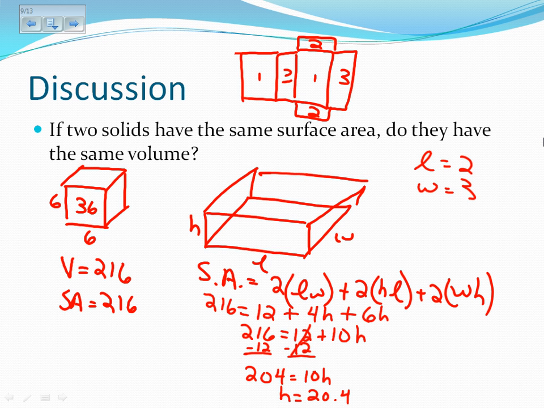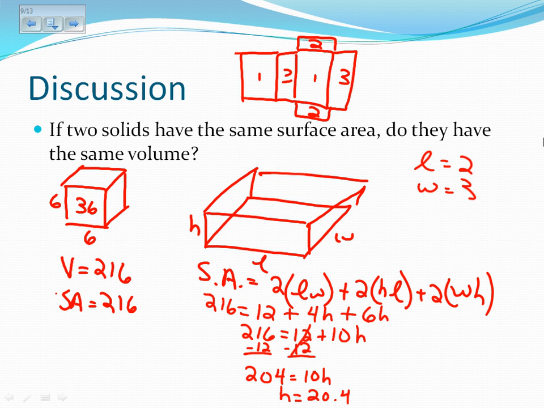This is going to have the same exact surface area as my cube. It's going to look really different, a really, really tall, skinny box, like something you might store wrapping paper in. A really tall rectangular box, right?